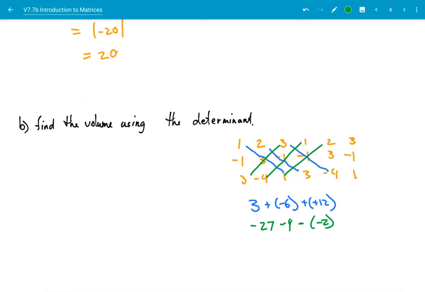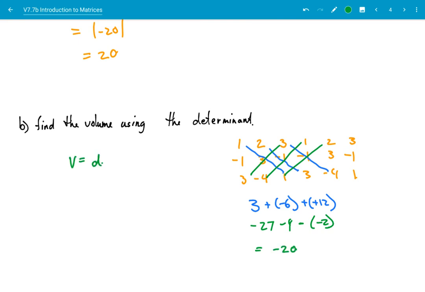When we do all that, we get -3 plus 12 is 9, minus 18, minus 22, minus 6. What did I do? I guess that's good. So -3, plus 9, minus 18, minus 22, plus 2. I get 16. So that's -20.